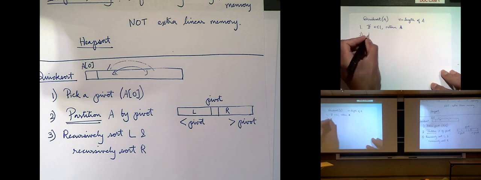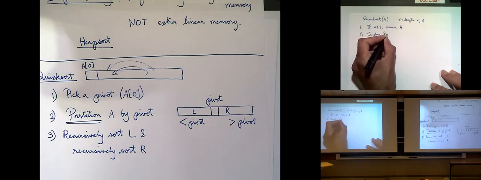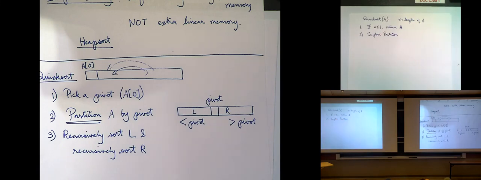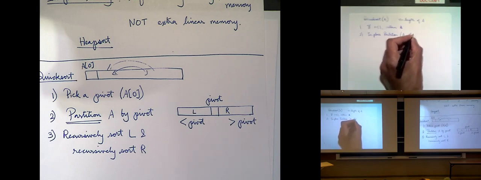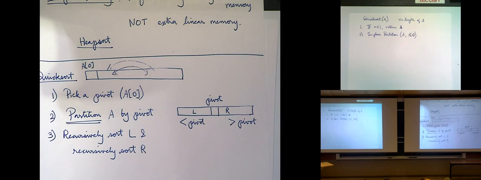Otherwise what you do is in place partition. So we'll partition A using A0 as the pivot, and then we'll get an array that looks like this.